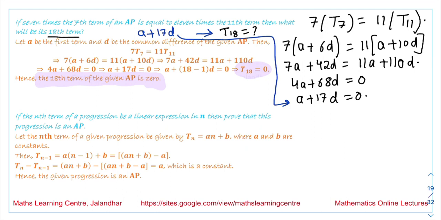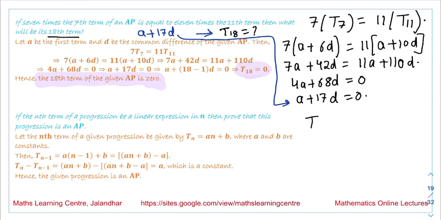Next is, if the nth term of a progression is a linear expression in n, then prove that this progression is an AP. So linear expression means that the degree of n that we have is 1.